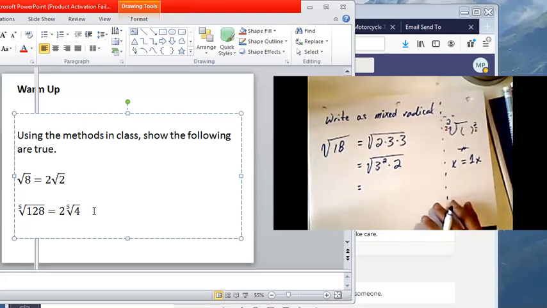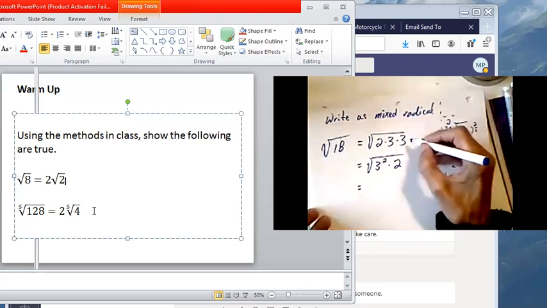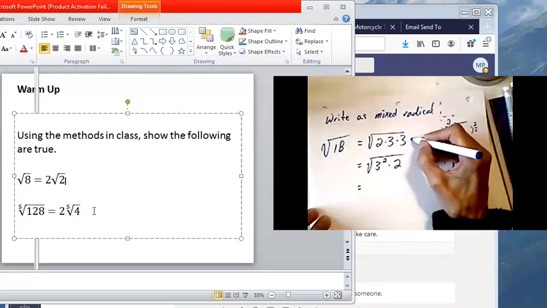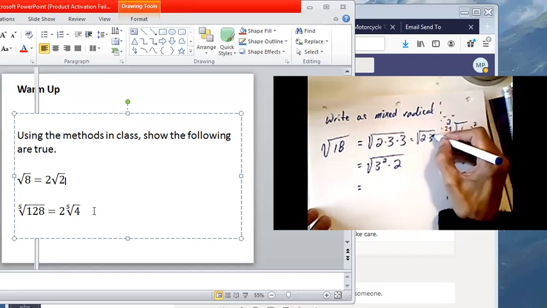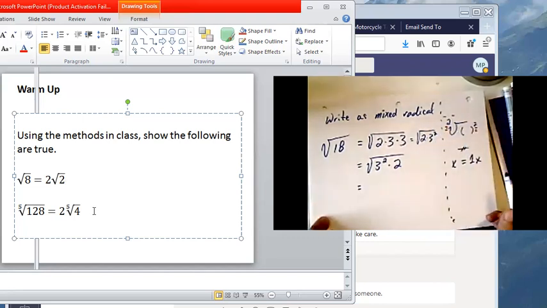Or we can just say 2 times 3 squared. Yeah, we could keep the order and write it like this. 2 times 3 squared. Very true.